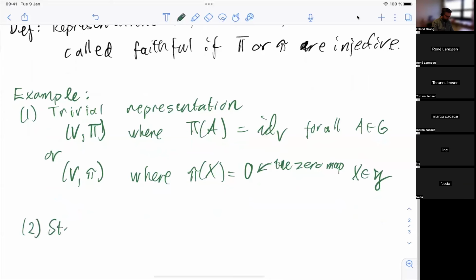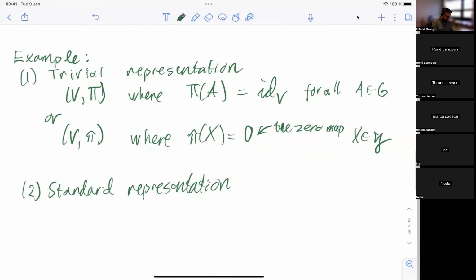Then we have the standard representation, where G is some subgroup of GL_n(K).